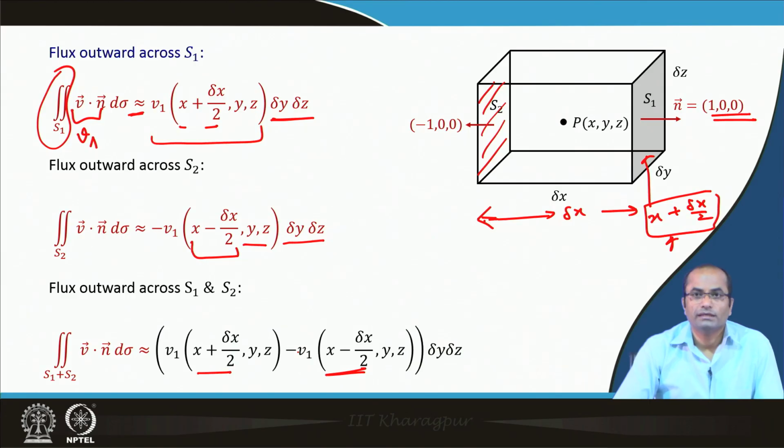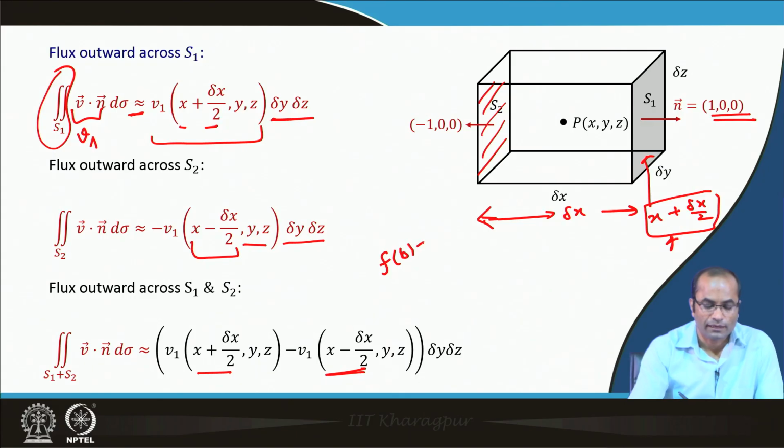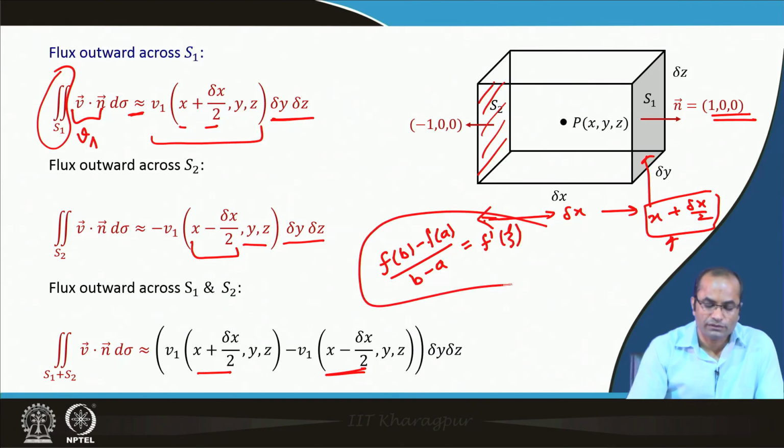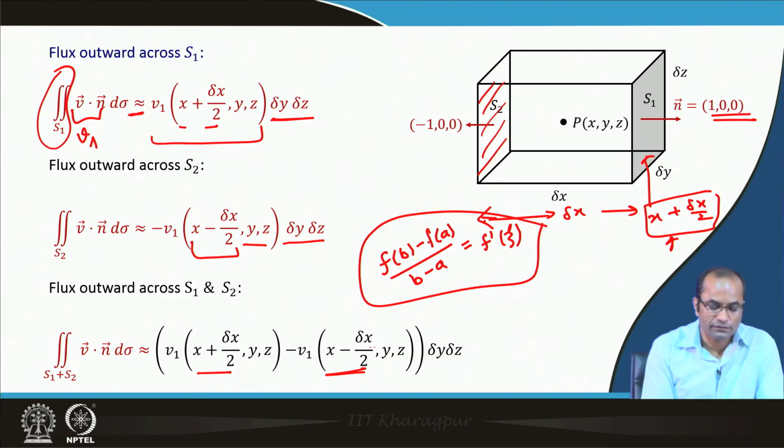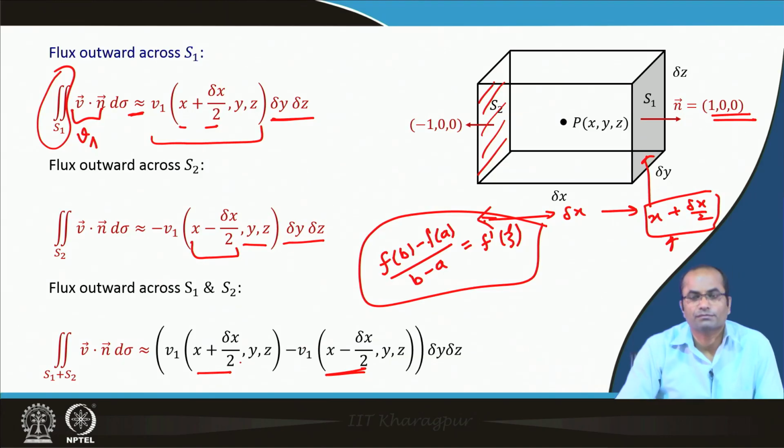And now we will apply the mean value theorem. Just to recall, we have, for instance, f(b) minus f(a) divided by b minus a. The mean value theorem says that there will be a point between a and b where this quotient will be equal to the derivative of f. So here also we will apply it for the first argument. This derivative will become the partial derivative with respect to x, at some point between x minus delta x by 2 and x plus delta x by 2.